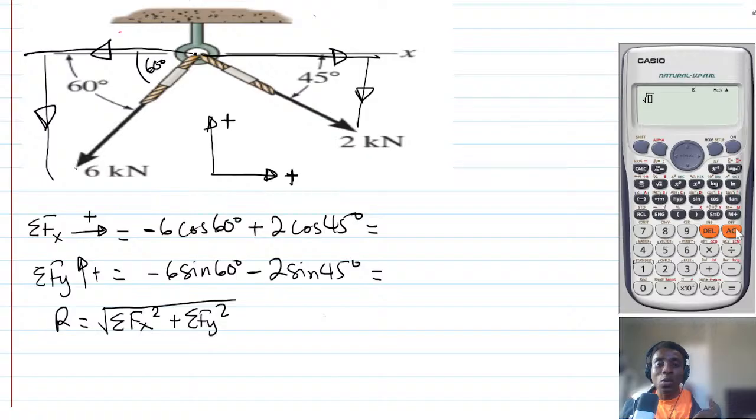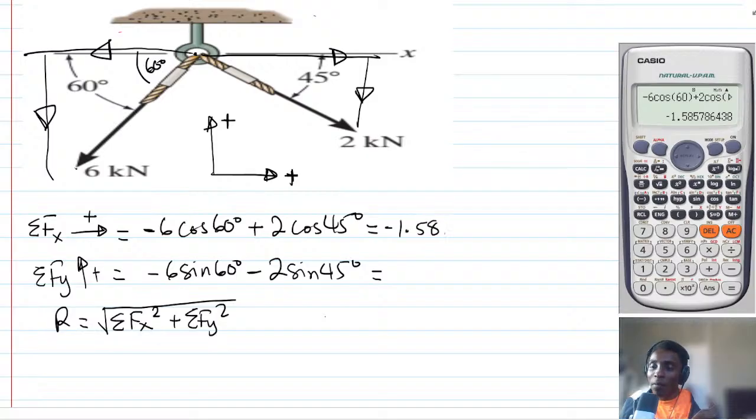So the x component will be minus 6 cosine 60 plus 2 cosine 45, which is minus 1.585 kilonewton.